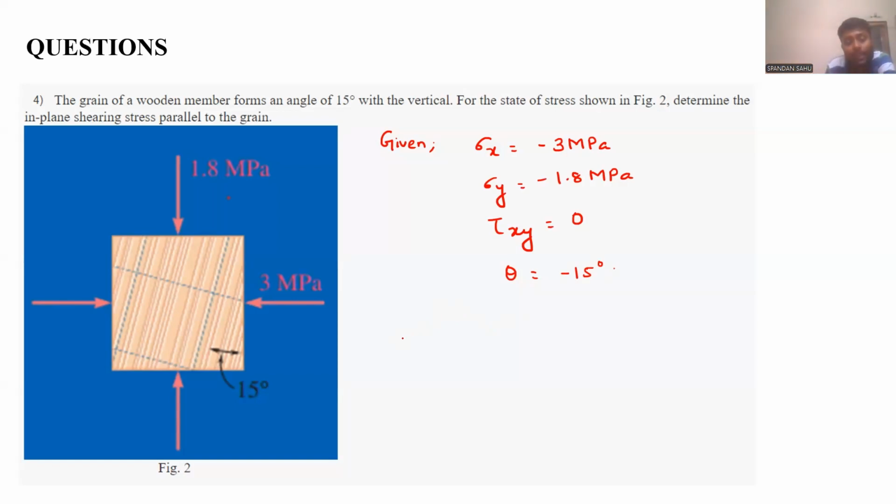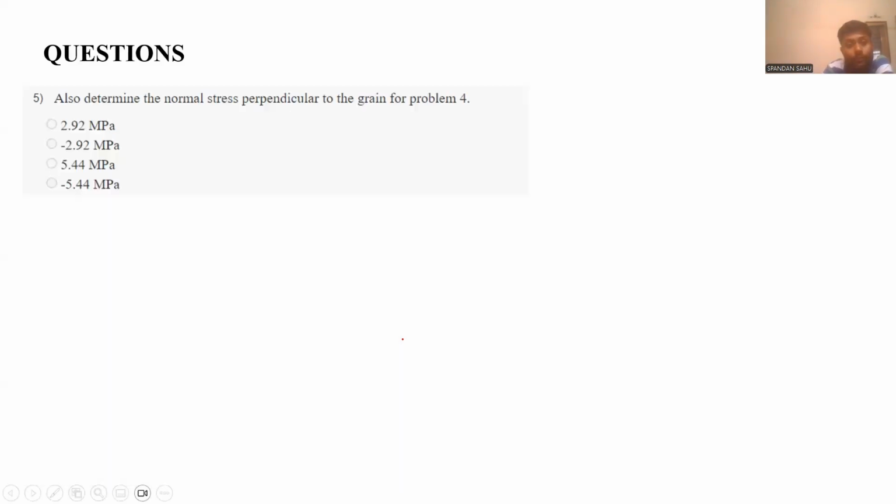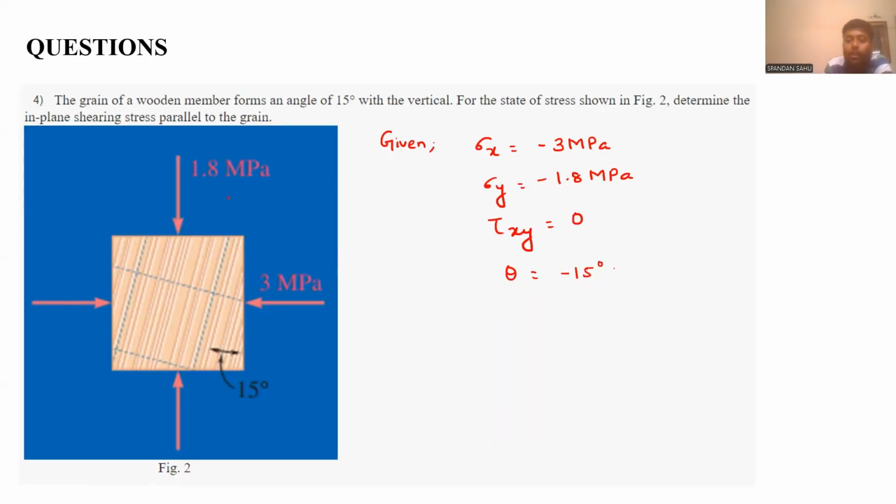So in-plane shearing stress parallel to the grain. So they are asking us to calculate tau xy at this theta when the angle of rotation is 15 degree clockwise, or minus 15 degree as an absolute value.